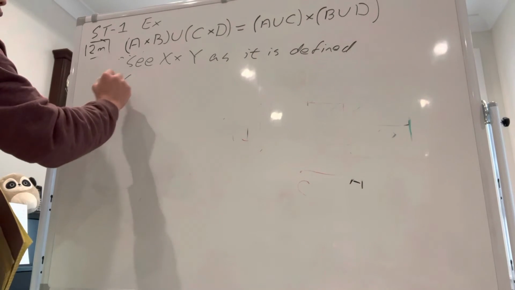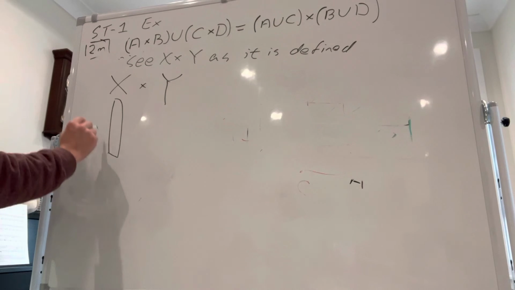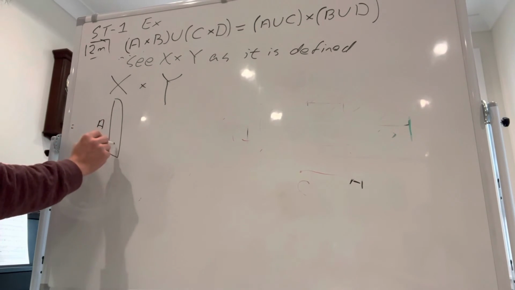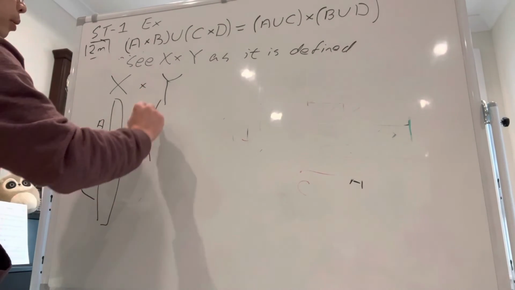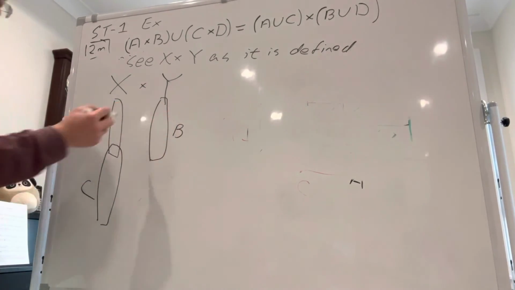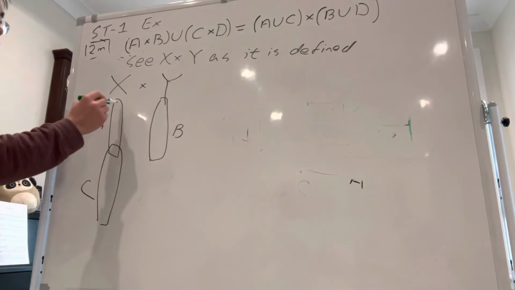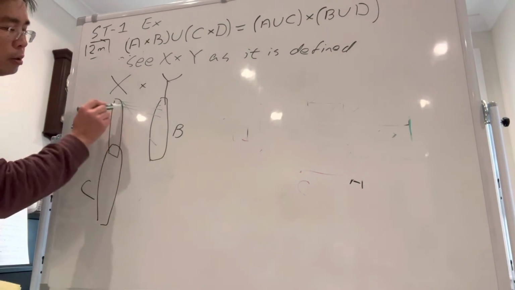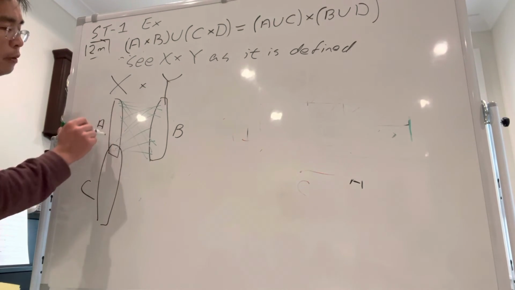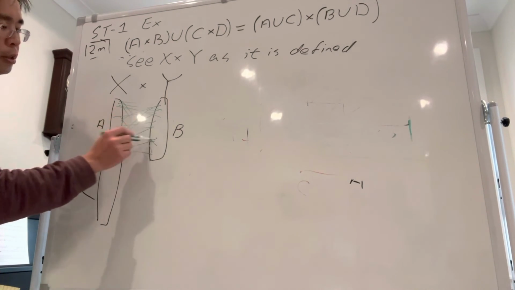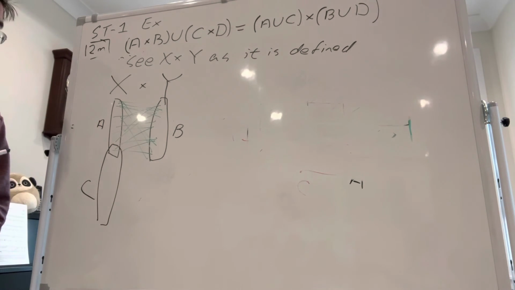Because of that, you can think about X cross Y as basically a bunch of stuff here, A, and then a bunch of stuff here, which is C. And then when we say A cross B, again thinking about the names example, we are picking everything from A and drawing a line or pairing them up in every single possibility.